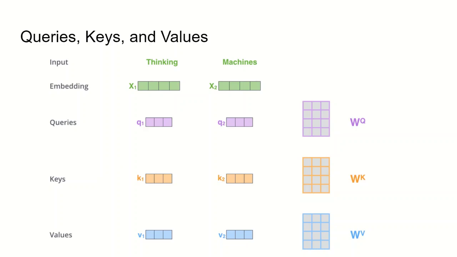Once we perform attention, our output is going to be a new sequence of the same size as our queries. So basically, you can think of it as we're trying to rewrite our query sequence in terms of our value vectors.